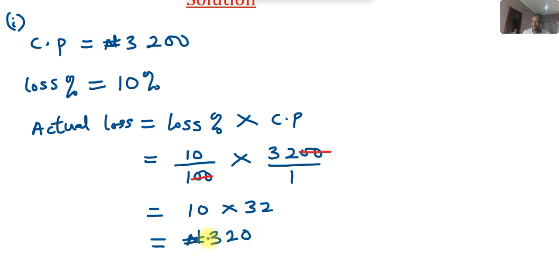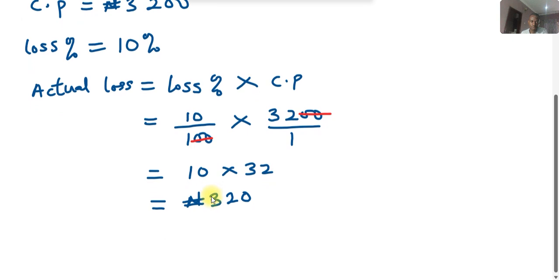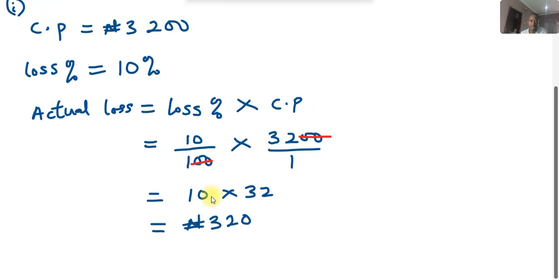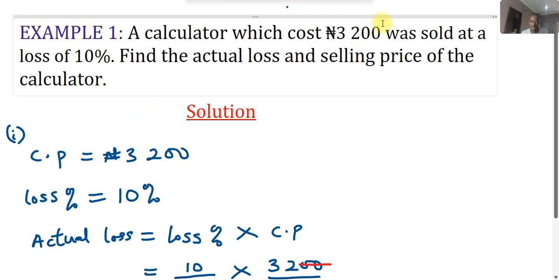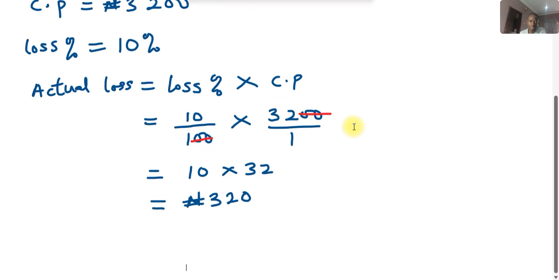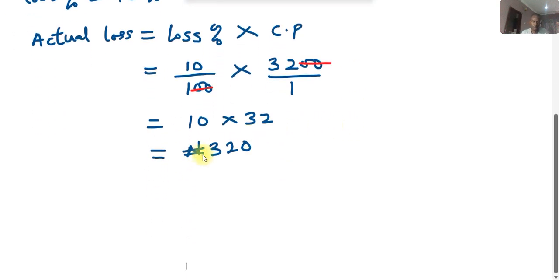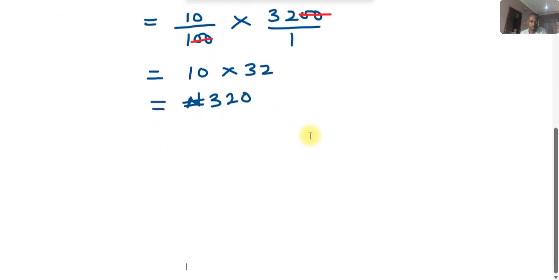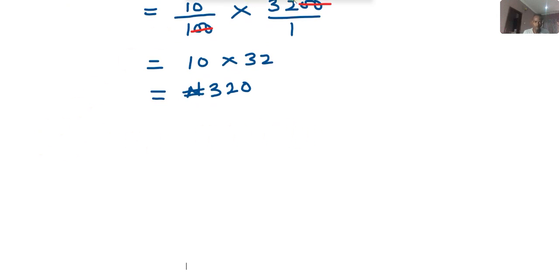This is the actual loss. So we are going to proceed because the question actually required us to also calculate the selling price. So in that case, I will make this one Roman figure 2.